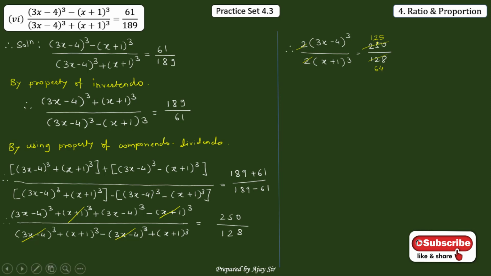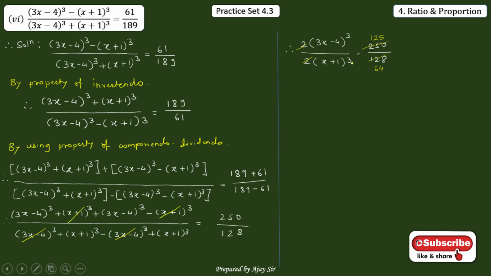Now observe that this is cube and this is also cube, and this is 125. Cube root of 125 is what? 5, we know that, and cube root of 64 is 4. So you can easily get the number after taking the cube root.